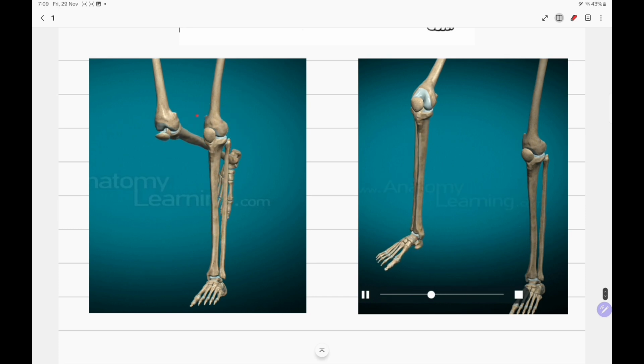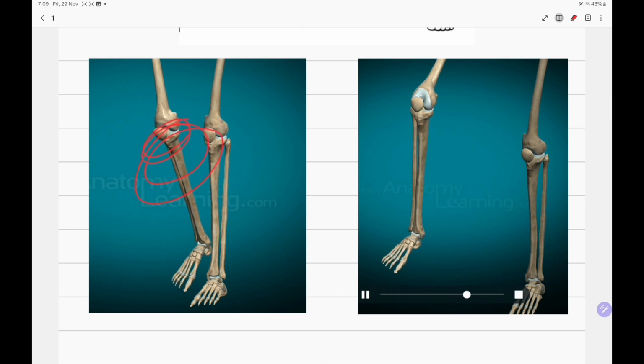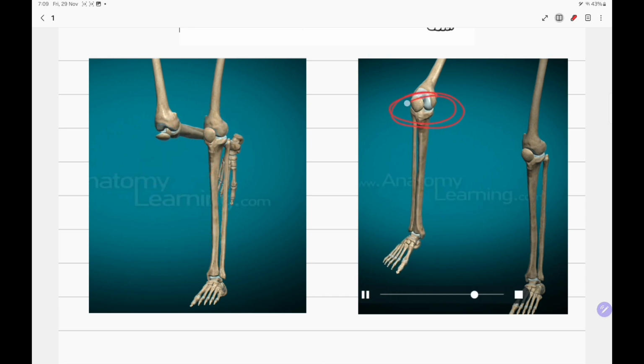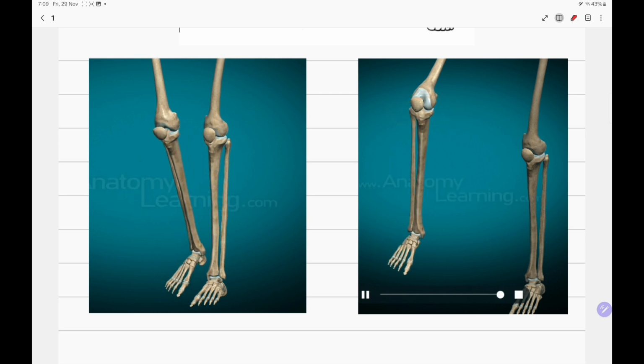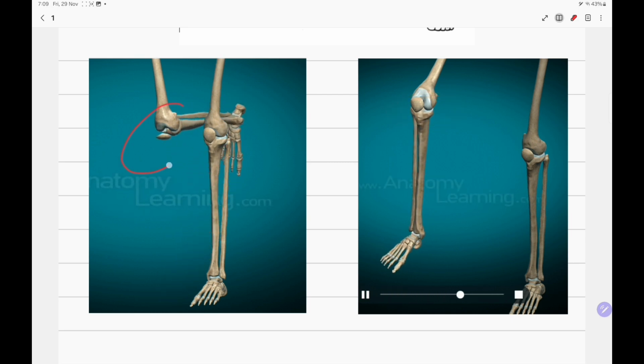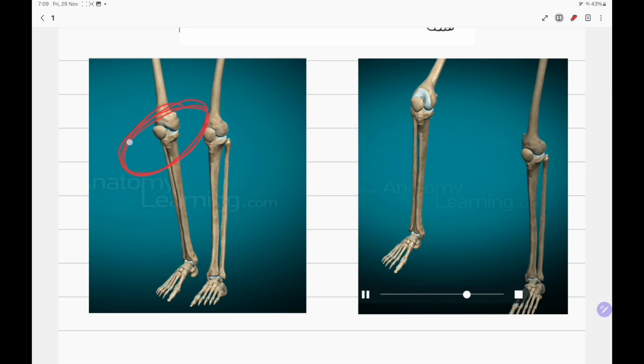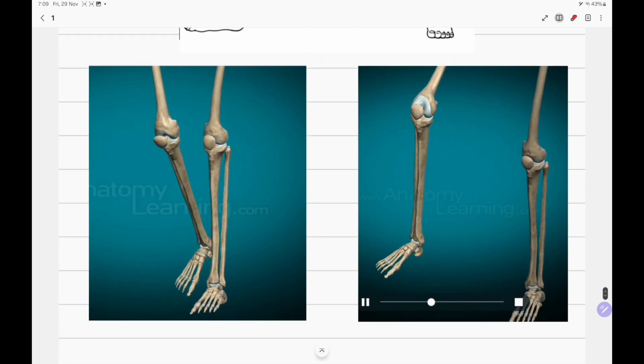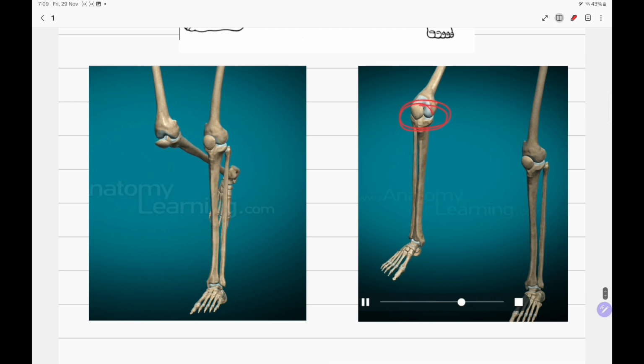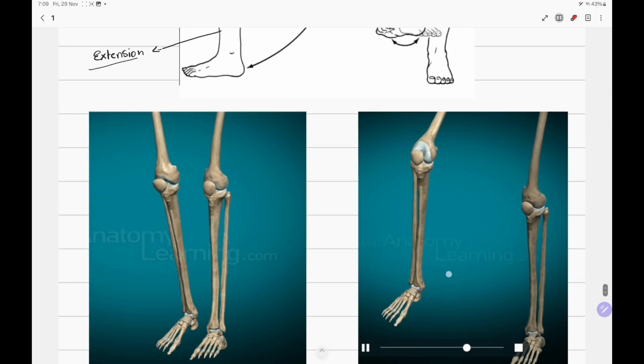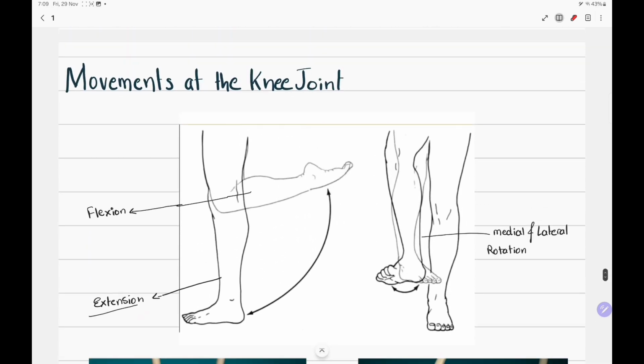So here is the flexion and extension at the knee joint, and here is the medial and lateral rotation. You can appreciate the amount of movement, that is flexion and extension, but here a slight medial and lateral rotation of the knee joint is seen. So these are the two types of movement at the knee joint.